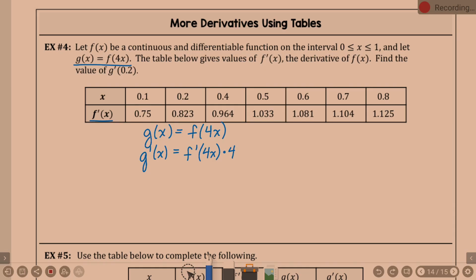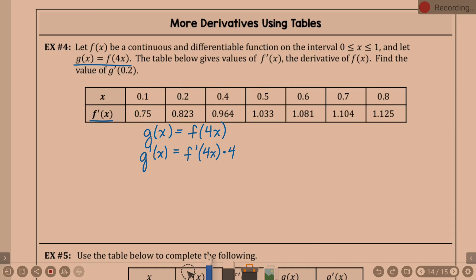Okay, so when you see something in there, you have to think, and that's why I haven't put the 0.2 in yet, because we have to get our rule first. Now that we have our rule, you can go ahead and put in your 0.2.